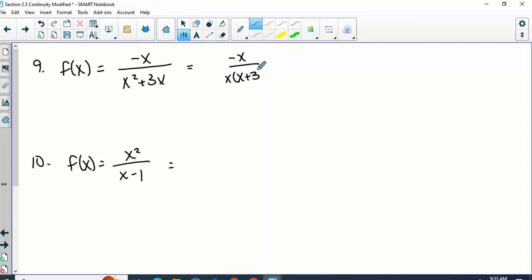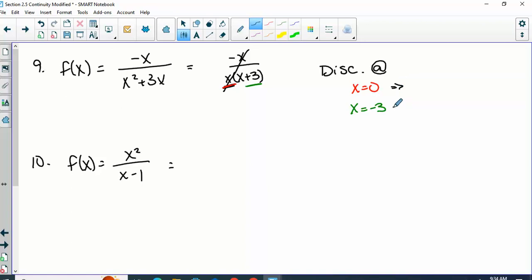And then you see that the x cancels. Okay, so there are two discontinuities here. Anything that makes the bottom 0. So for this one, that would be x equals 0. This one would be x equals negative 3. You have to classify each of those.